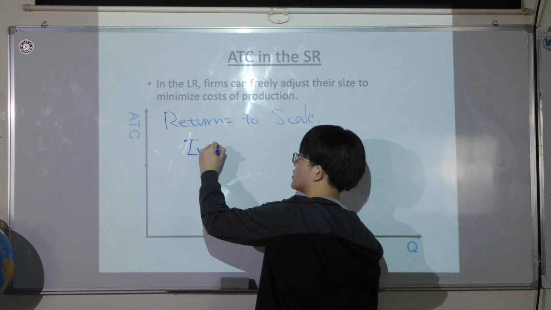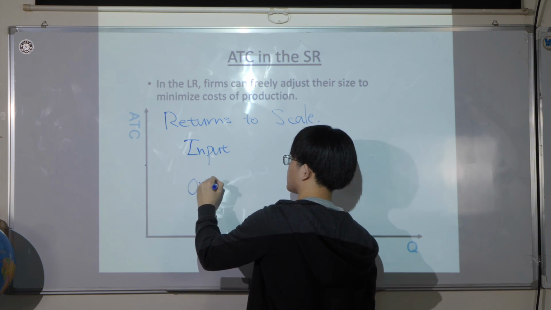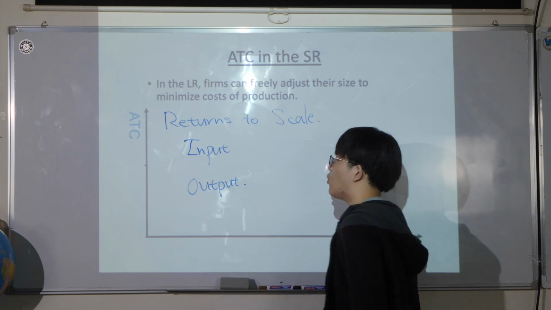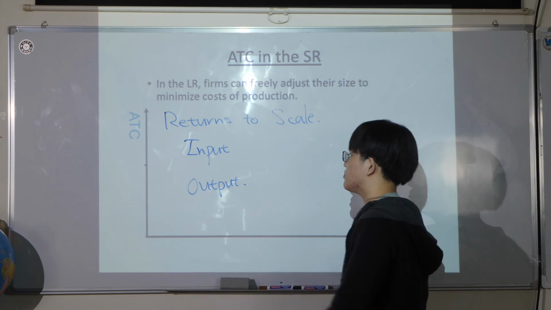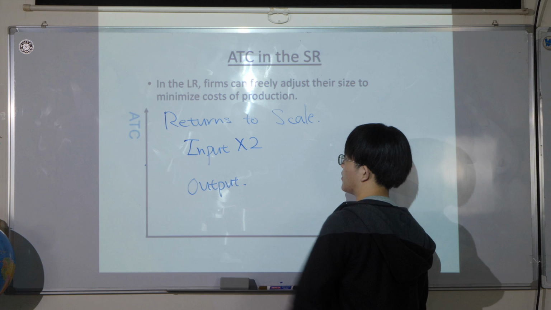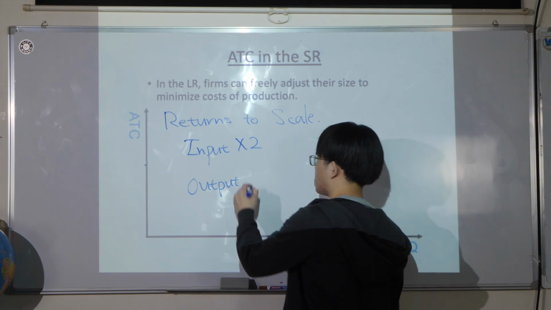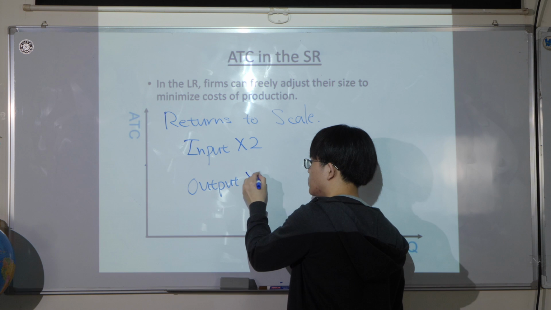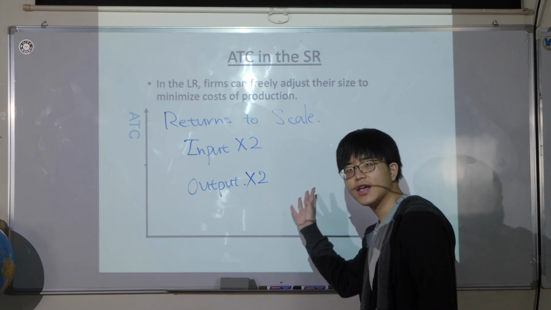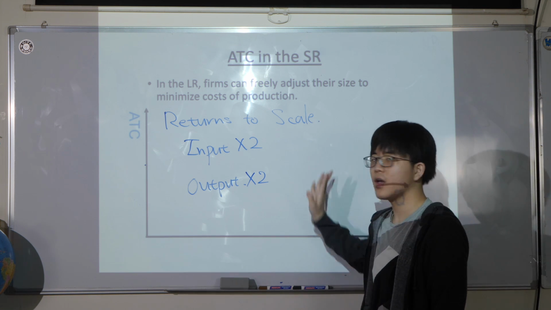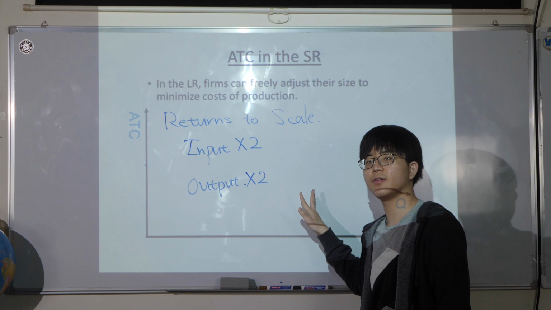So we have input and we have output. When input is multiplied by 2, and output is also multiplied by 2, then we say this is the case of constant returns to scale.